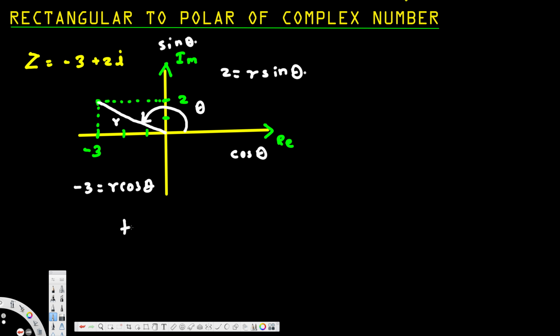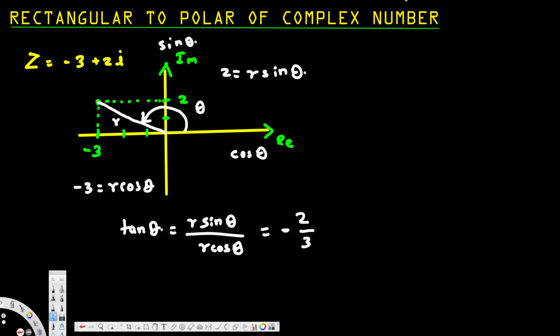Therefore tan theta is equivalent to r sin theta over r cos theta, which in our case is the y value 2 over -3, so -2/3.